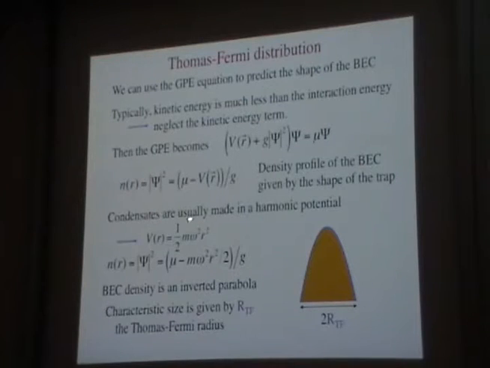Typically condensates are made in harmonic-shaped traps, so the density profile is just going to be an inverted parabola. People often characterize the size of their BECs by something they call the Thomas-Fermi radius, which is essentially the radius of this inverted parabola, or half its diameter.